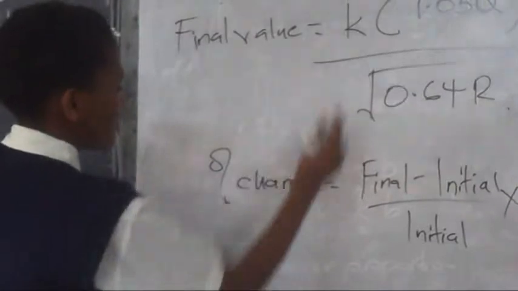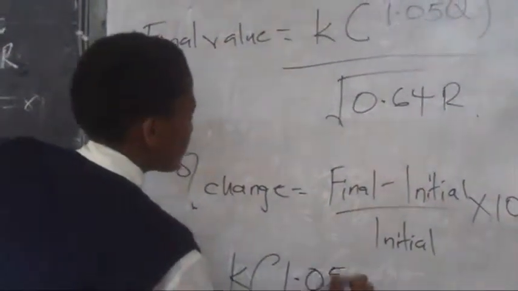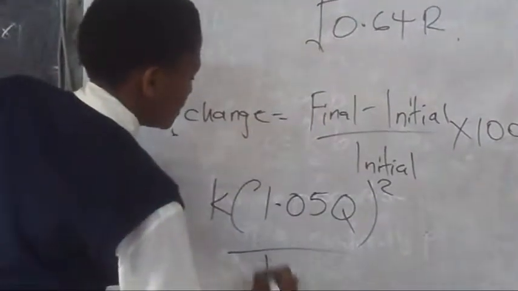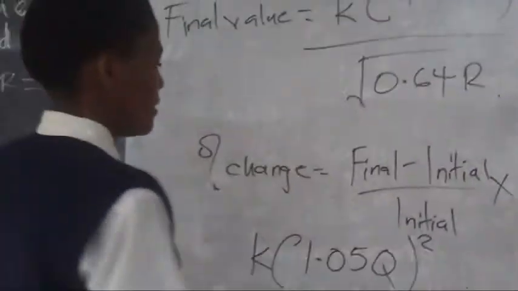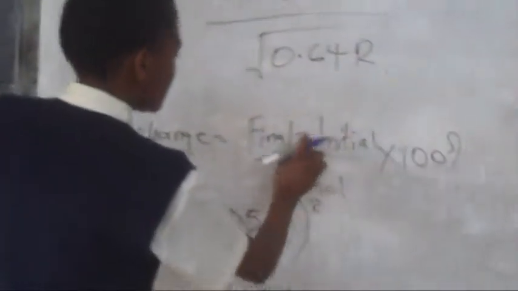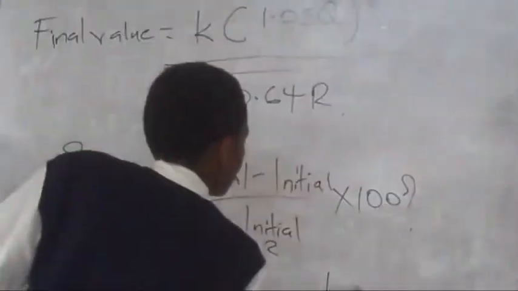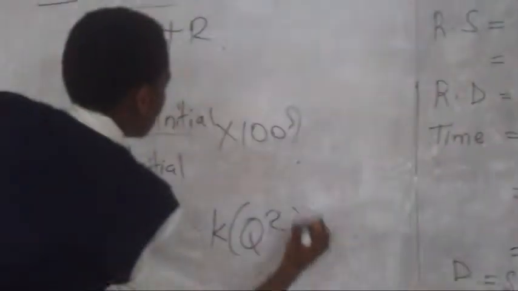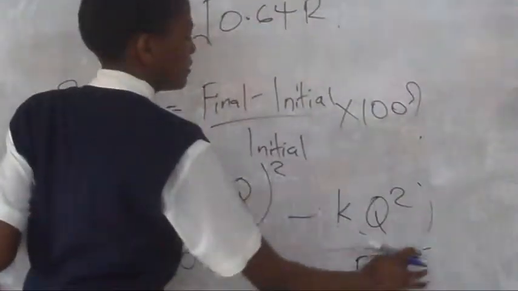Our final value is K into 1.05 Q squared over root 0.64 R. We'll subtract from it our initial value, which was K into Q squared over root R.